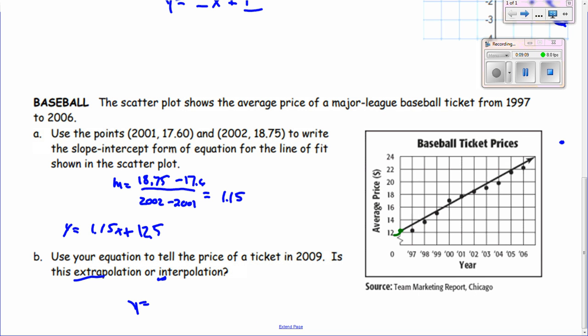So it would be y equals 1.15 times 13 plus 12.5. It's going to give us 27.45. So that's what your ticket price would be expected to be.